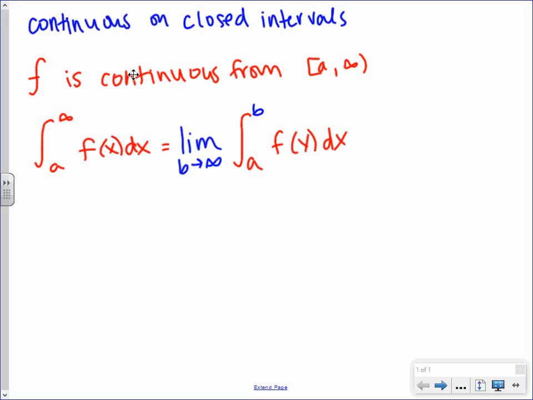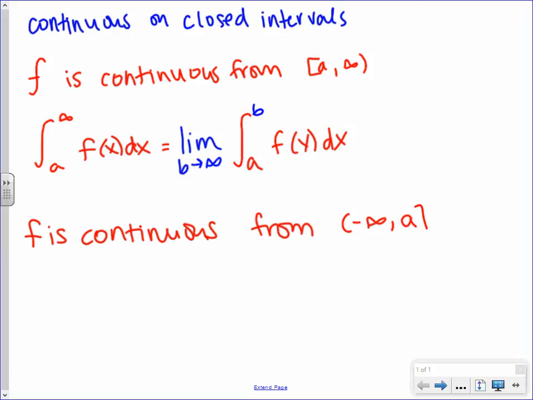We can do this then for negative infinity to a.